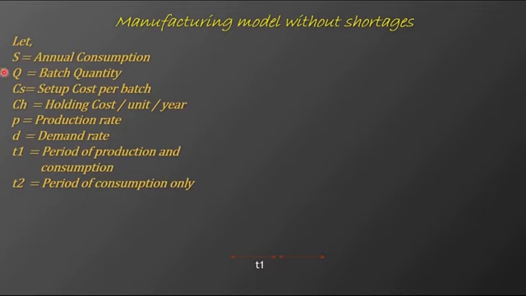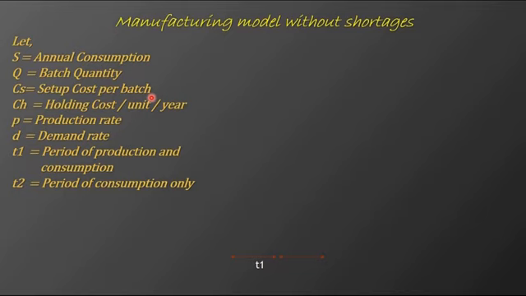So let's consider S is the annual consumption, or you can say annual demand. Q is batch quantity or lot quantity. CS is setup cost per batch. Here procurement cost is converted into the setup cost.